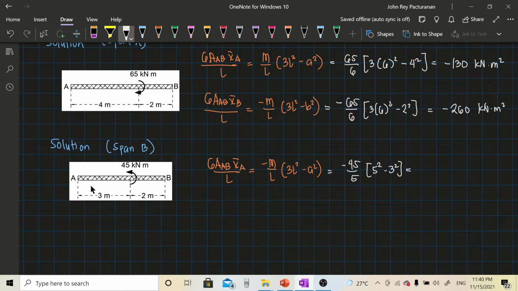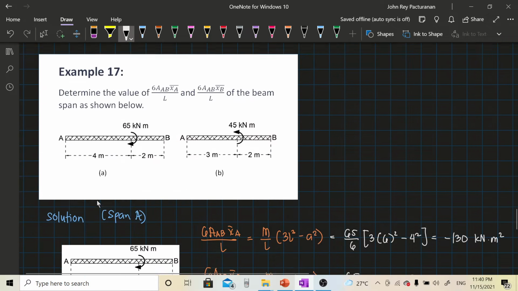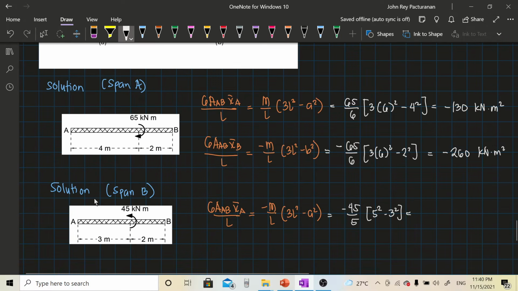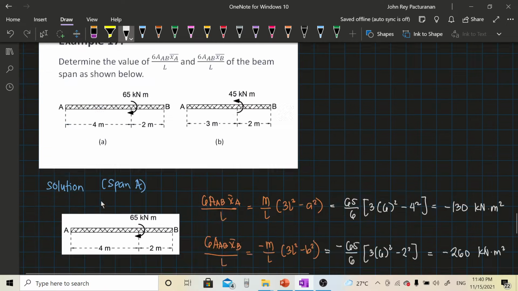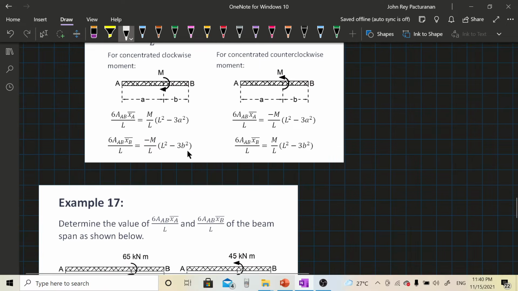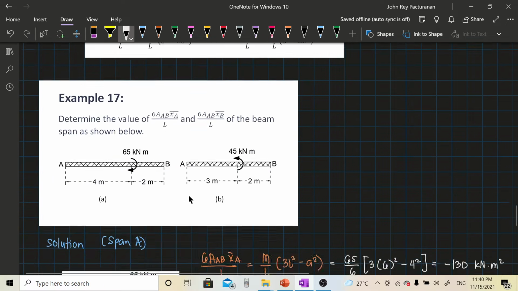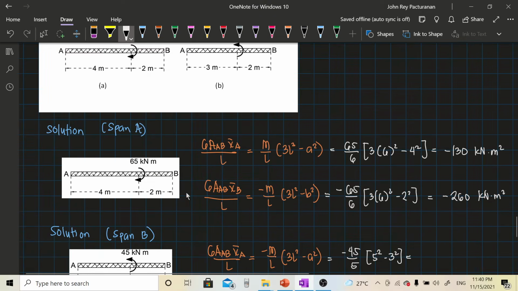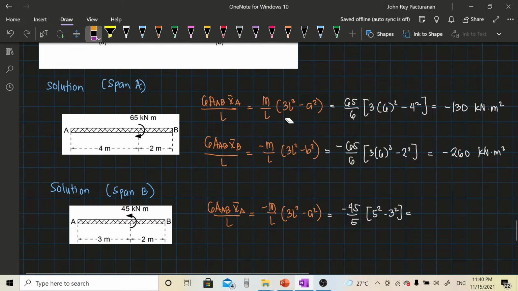Parang may baliktad ako dito, no? Baliktad yung formulas ko. Sorry. I am completely wrong on my formulas. Yung 3 pala, yung A and B pala yung naka-multiplied ng 3. Okay? So again, my mistake here, I am wrong. So palitan ko lang siya as L squared minus 3A squared. However, based doon sa computation, all of the values appeared naman ay correct.